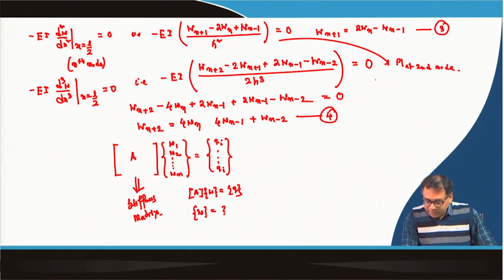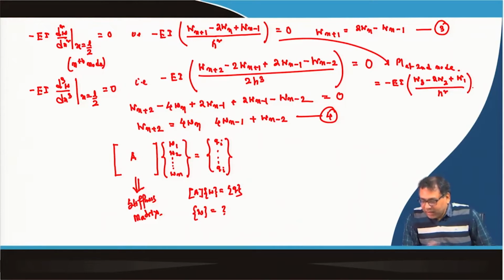This will be equal to minus EI. This is your second node, n is equal to 2. So, this will be W3 minus 2 W2 plus W1, divided by h square.